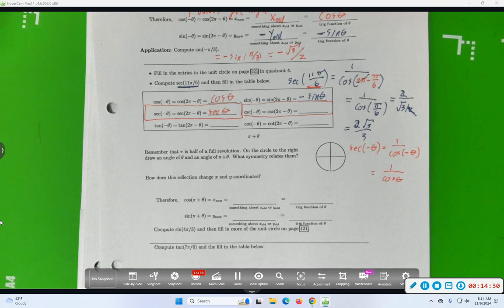Could you do cosecant now? Do some more. Figure out what the cosecant of negative theta is. And once you have some progress, or you feel like you're getting stuck at all, talk with those around you, or raise your hand, I'll come around.